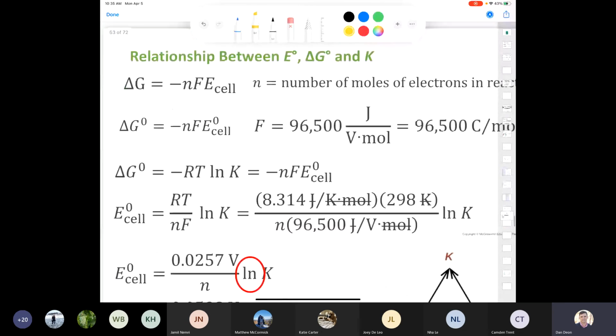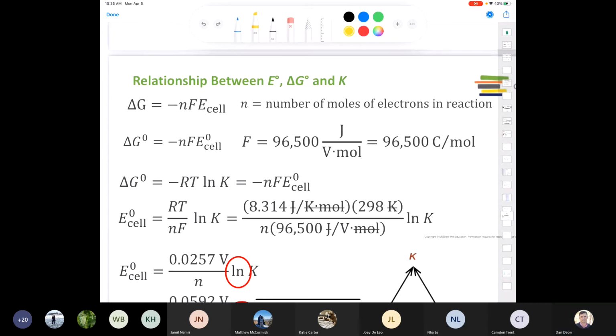If we start on the top left and we say that the change in free energy is equal to the negative of the number of electrons transferred in our redox reaction multiplied by Faraday's constant. Here I have it to only 3 sig figs, which is usually good enough for everything we do: 96,500 joules per mole times volts.